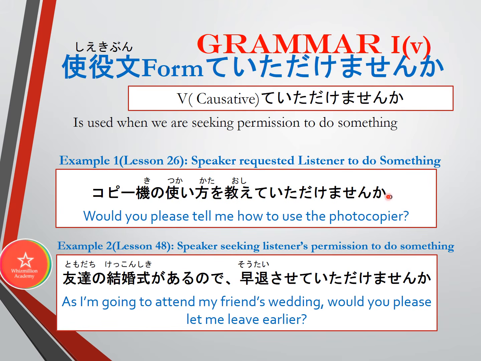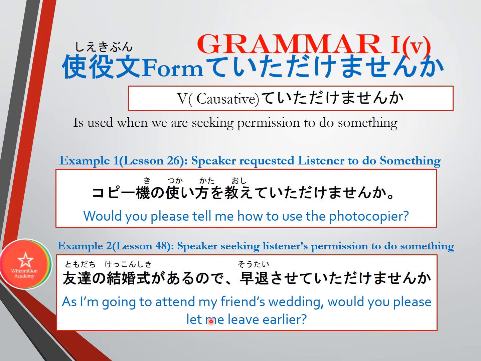This is lesson 26. So over here, the speaker is asking the listener to tell him how to use the copy machine. The person that will teach the speaker how to use the machine is the listener.